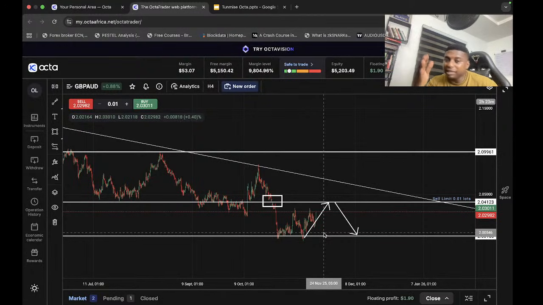For you as a trader, the stop loss is to help you mitigate against unforeseen circumstances that can turn the market around. And when it turns the market around, you don't want to be found wanting. All right? Good.